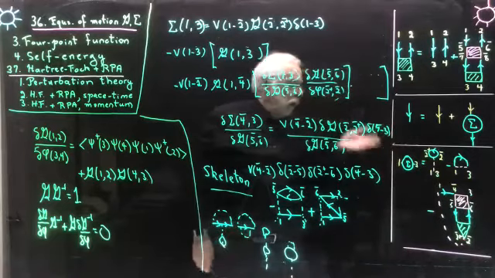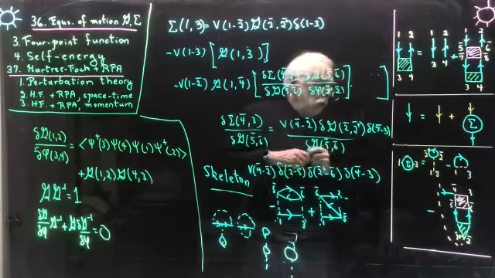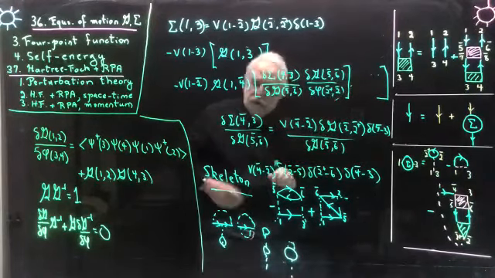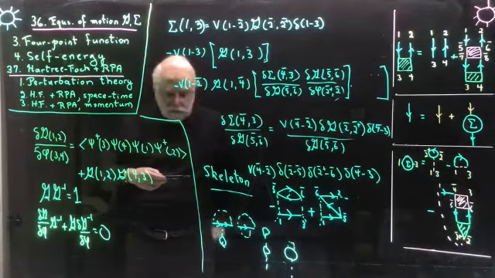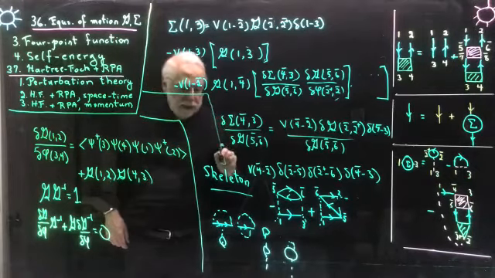For the bare Green's function, the rule is simply that you have to remember that this G here, this Green's function, this is becoming more and more messy.